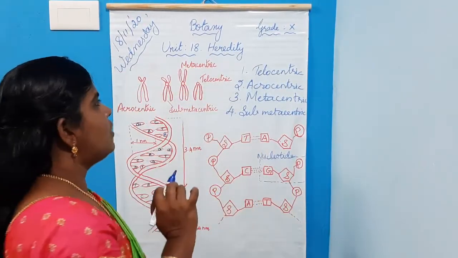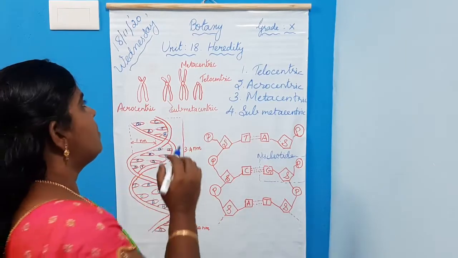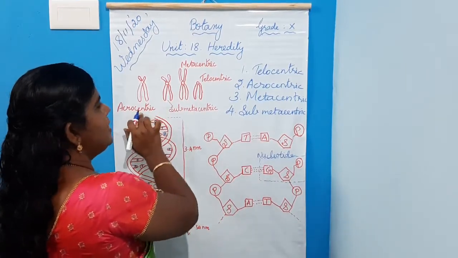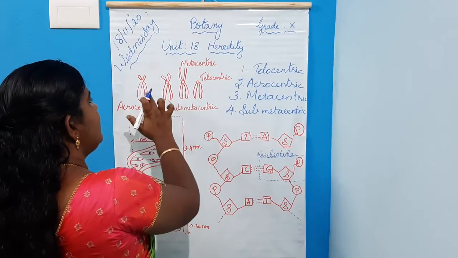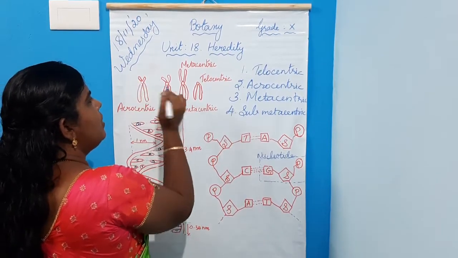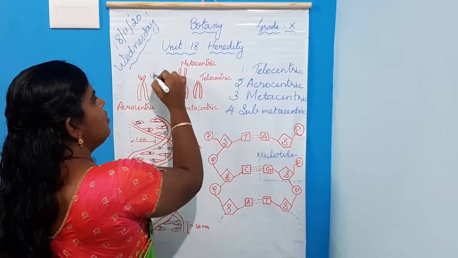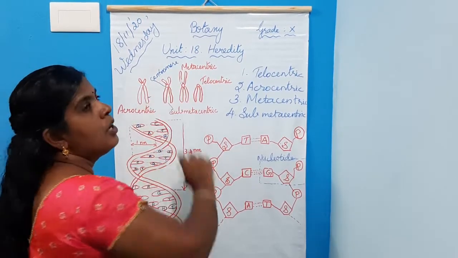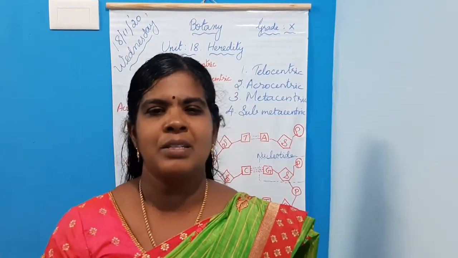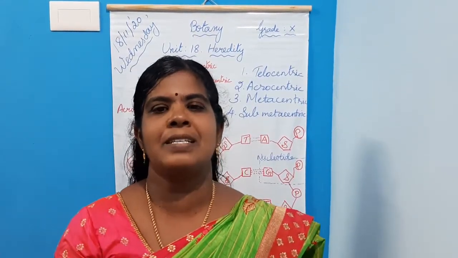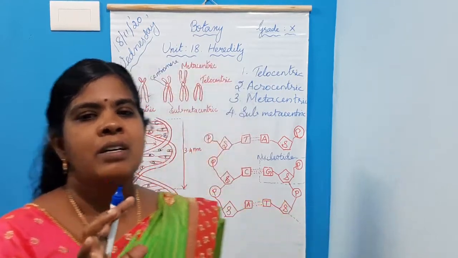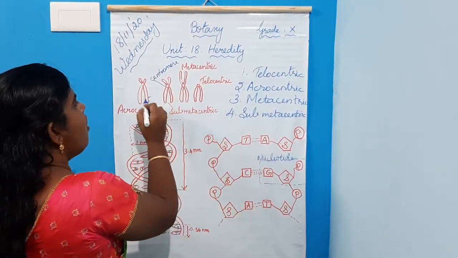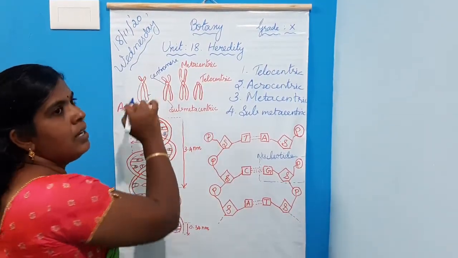Next is acrocentric. This is the acrocentric chromosome. These are the chromatids. What is this? Centromere. In this acrocentric chromosome, the centromere is present at one end, with a long arm and a short arm.